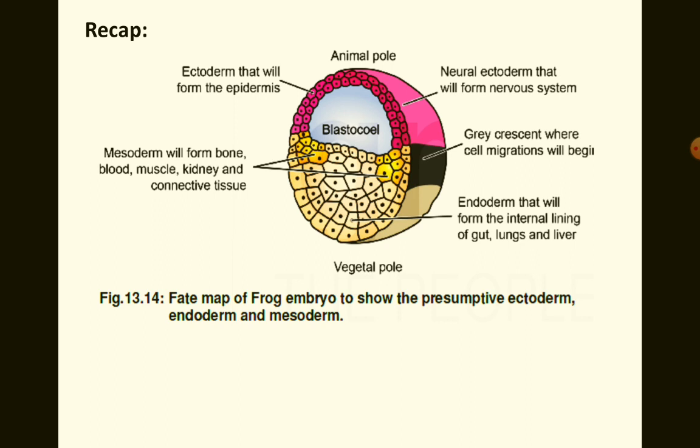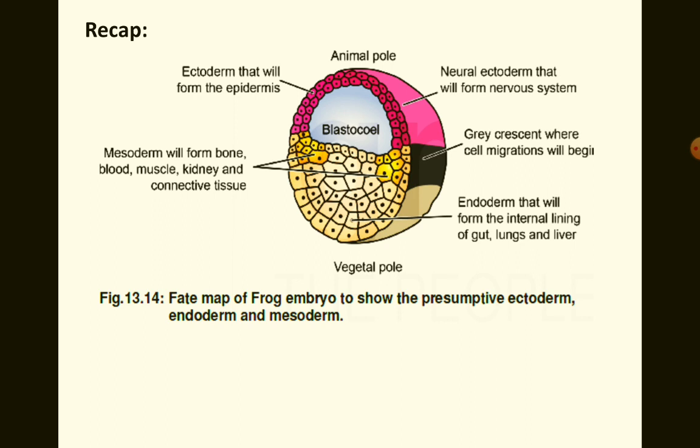Towards the animal pole you have micromeres, which are smaller blastomeres without yolk, whereas towards the vegetal pole you find larger blastomeres with yolk, and hence they are called macromeres because of their larger size. The micromeres towards the animal pole give rise to the presumptive epidermis and the nervous system from the neural ectoderm.